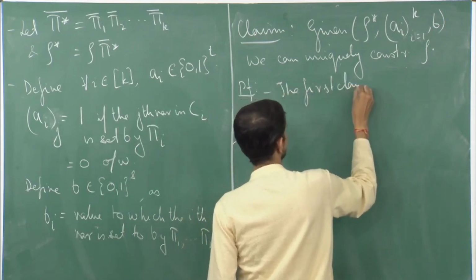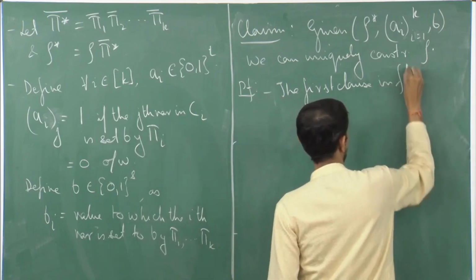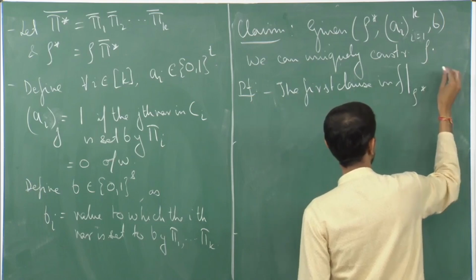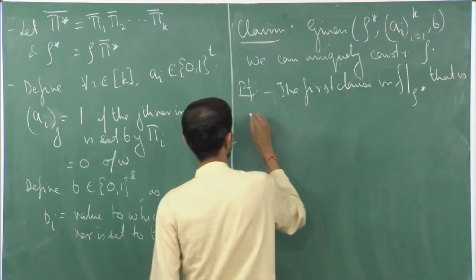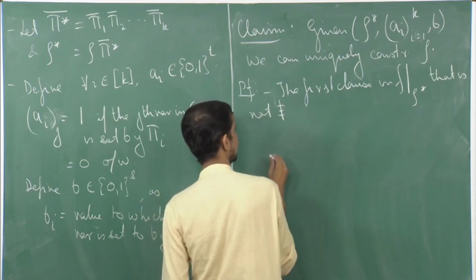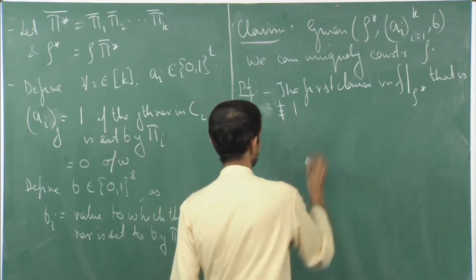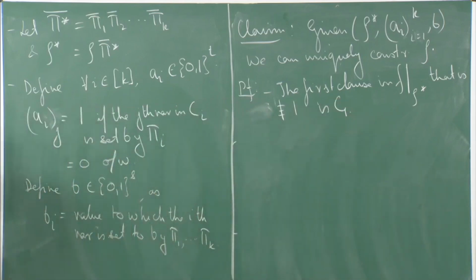The first clause in f restricted to rho star that is not identically 1 is C1. So, we get what our C1 is.